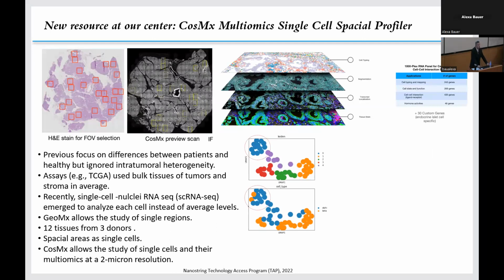Another resource that we are putting some effort into, and I'm glad that Dr. Gao is attending here, he runs the genomic core, so in partnership with him, we are developing the single-cell multi-omic system. We acquired this year the CosMx system. This is a state-of-the-art single-cell multi-omics platform that allows you to go to a resolution of about 2 micron, so indeed subcellular resolution.